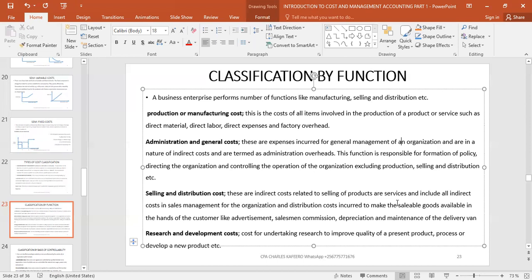Then we have the selling and distribution costs. These are also indirect costs related to selling of a product or a service.